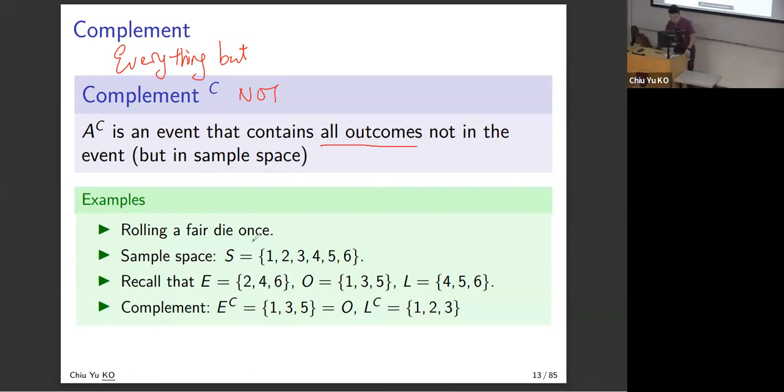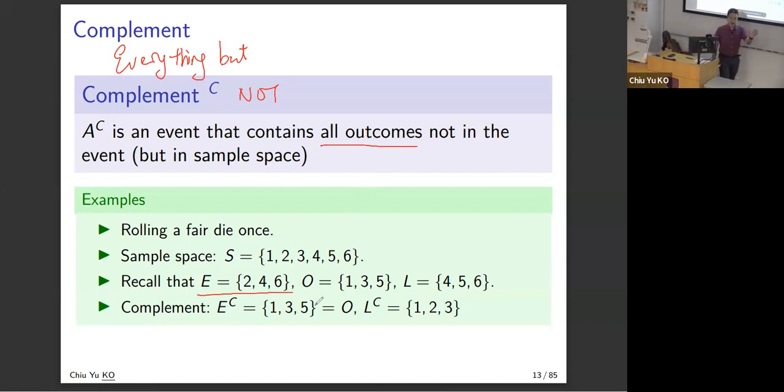So we have the elements 2, 4, 6. Everything but E is what? Look at the sample space here. We just cross out what is in E to get the E complement. Take out 2, take out 4, take out 6. What is left is 1, 3, 5. Is that clear how we get that? Not is something not there.